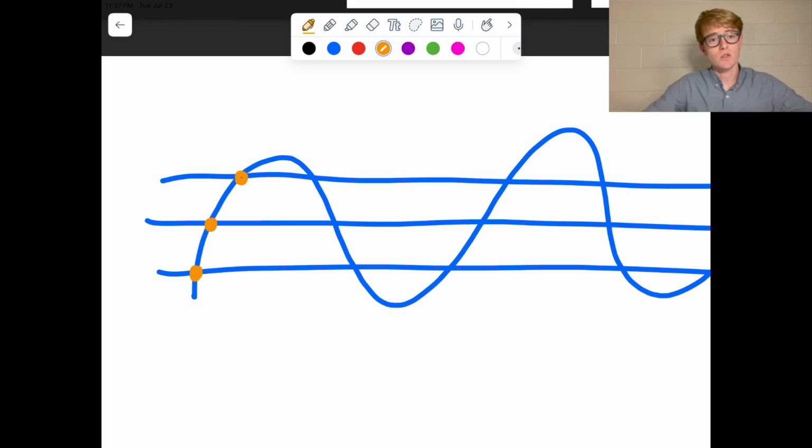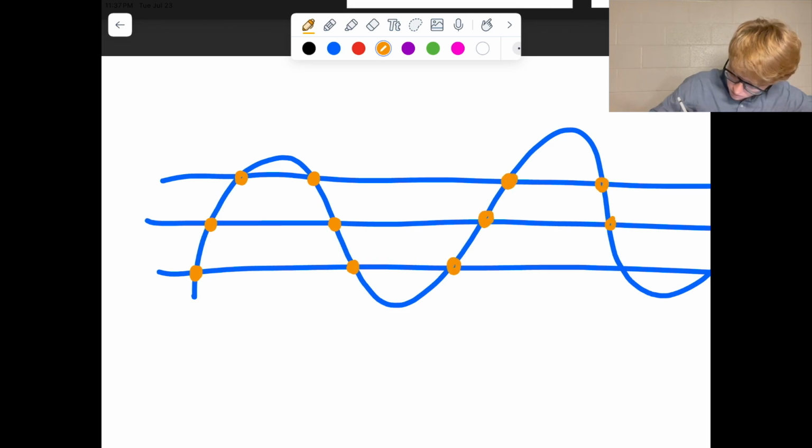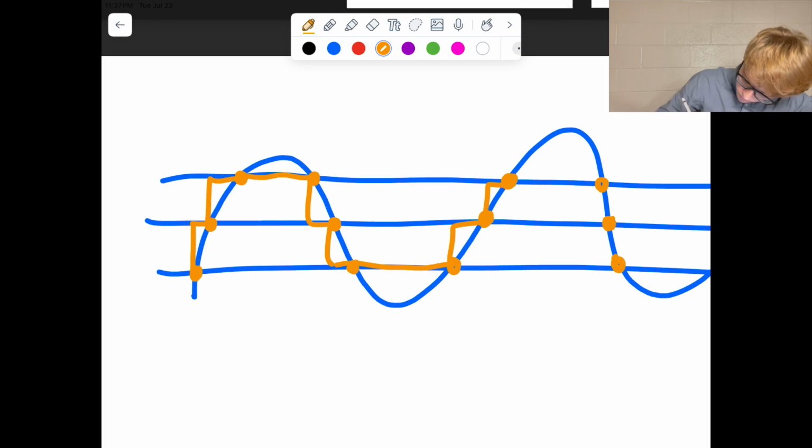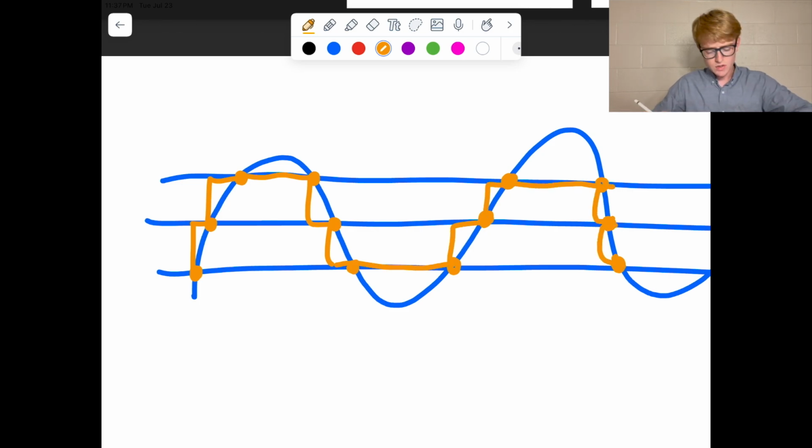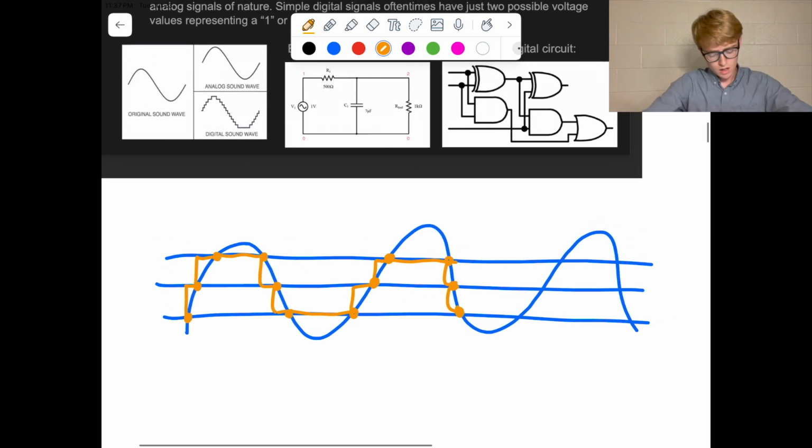So we want to discretize that analog signal. We might sample it at specific points here, something like this maybe. So there we go, and then I'll draw in my digital version of this analog waveform. You can see that maybe that would be a very simple, discrete representation of this analog signal, and you can see an example of that on the slide as well.